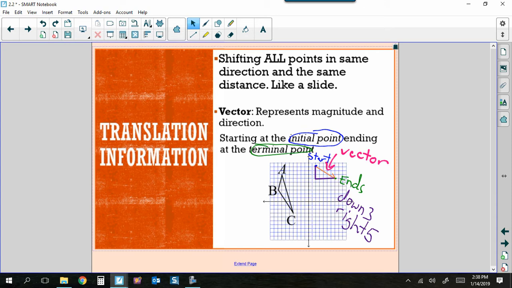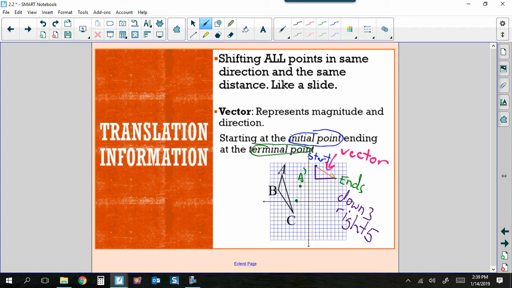So we could take this triangle and slide it, shift it, shove it, however you want to think of it. You would move it how it's describing here. You'd go down 1, 2, 3, and you would go right 1, 2, 3, 4, and 5. Now notice what she is doing. She's starting at point A, and then she is doing what the vector told her to do, down 3 over 5, and making a new point A, or what we would call A prime.